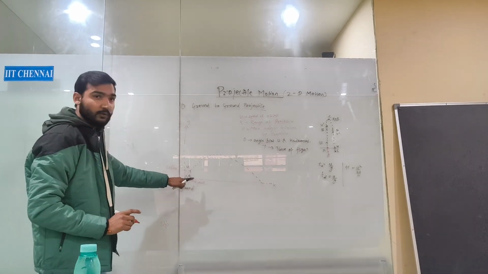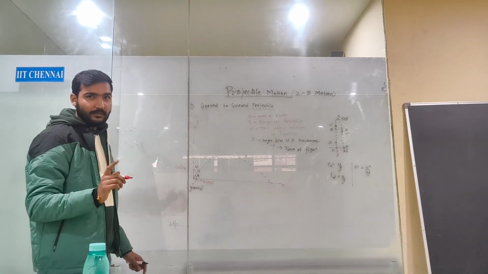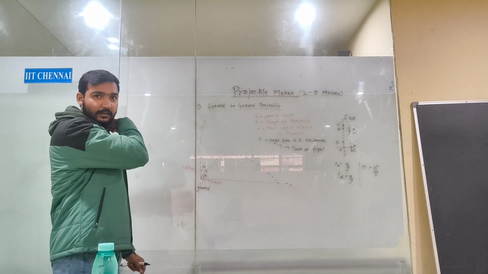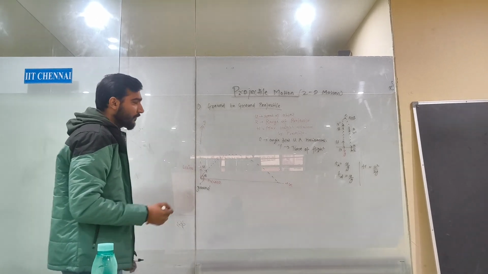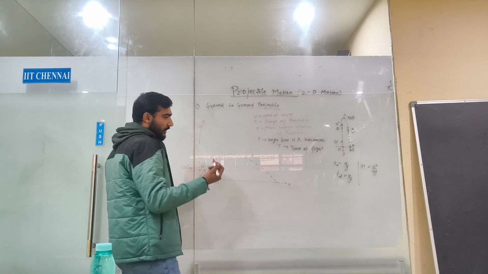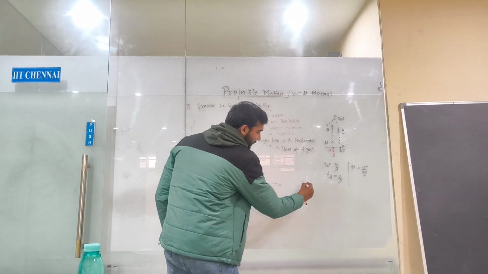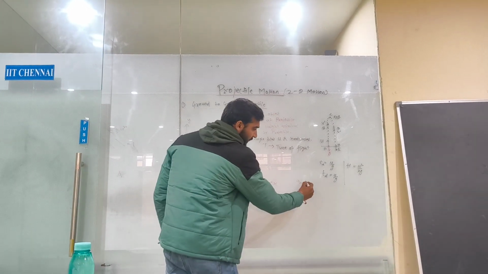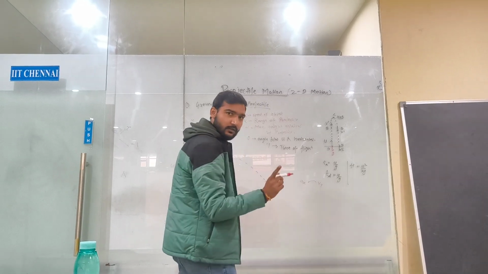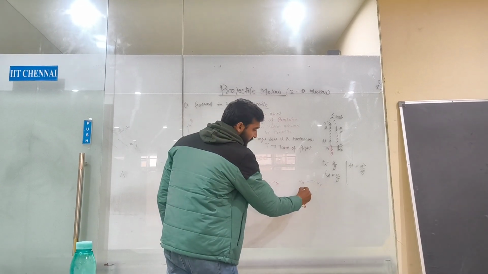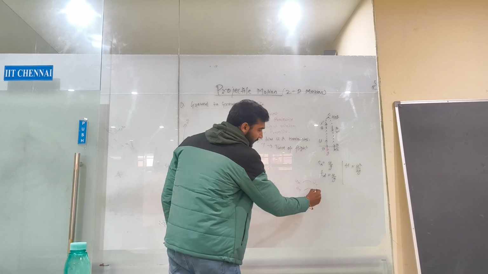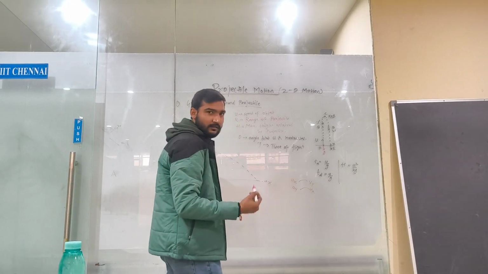and we can clearly see u cos theta and u sin theta are in mutually perpendicular directions, and according to Galileo's statement, they do not affect each other. What does it mean by affect? It means that if there is any acceleration in the x direction, it doesn't affect the velocity in the y direction. Similarly, if there is acceleration in the y direction, it doesn't affect the velocity in the x direction.